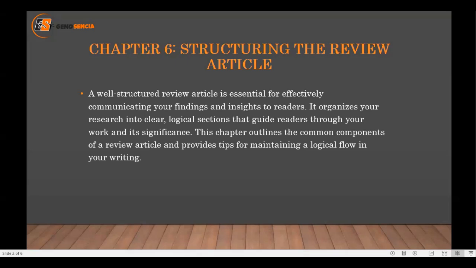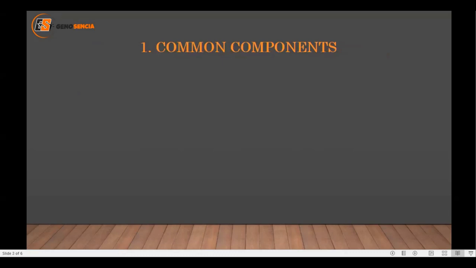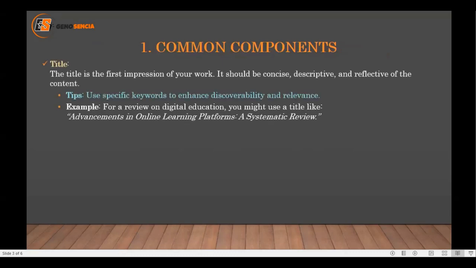your writing. So the common components, we will start with the title. The first and main thing that any reader will grab towards your review article is the title. You have to select the title in a very concise and good manner. The title is the first impression of your work, and it should be concise, descriptive, and reflective of the content.